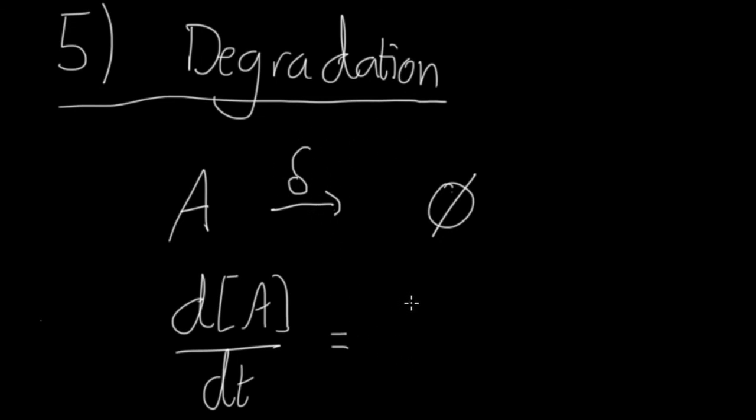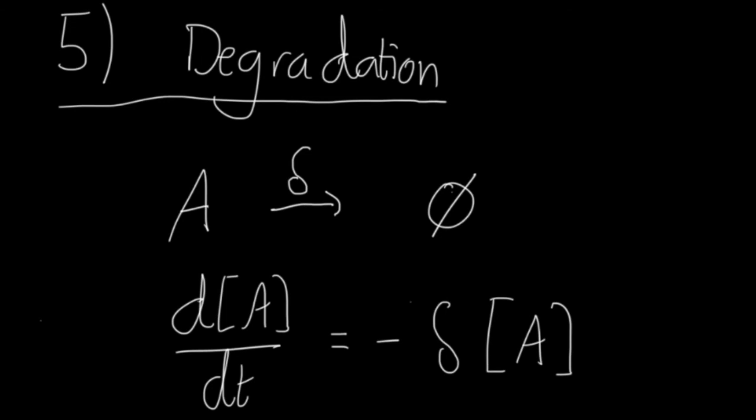So you have dA by dt, the rate equation for A, is minus, because it's a reactant, it's being used up, and we're doing the A rate equation, minus delta times the concentration of A. Now there's no reverse reaction, so there's no plus here. And we don't care about the rate equation for the products because, as I said, they're redundant. And so we simply have one differential equation, dA by dt equals minus delta times the concentration of A.